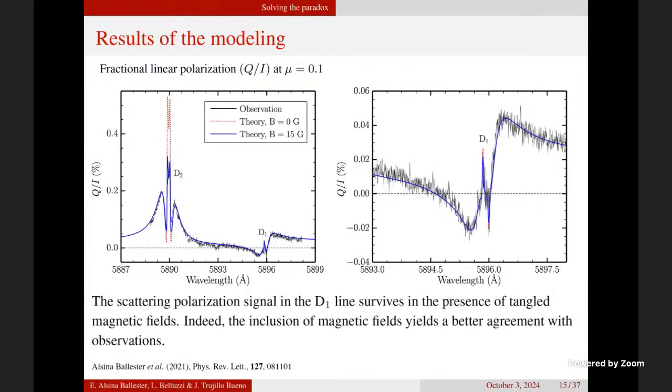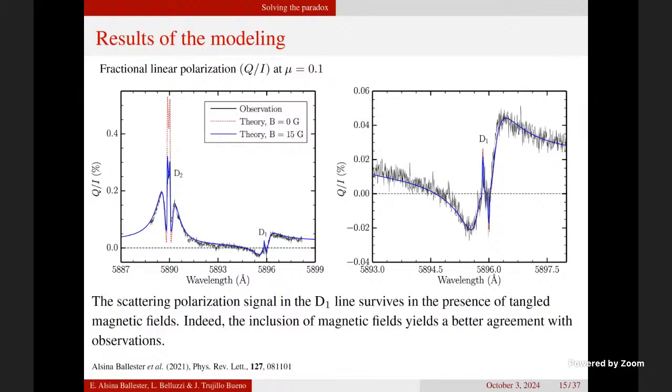So what we see is that the D1 line survives in the presence of these magnetic fields. So it's not depolarized by magnetic fields. And indeed, considering both the D2 and D1 lines, we see that we get a better agreement with observations when accounting for these magnetic fields. So this in itself represents what we wanted to find, the solution of this paradox.